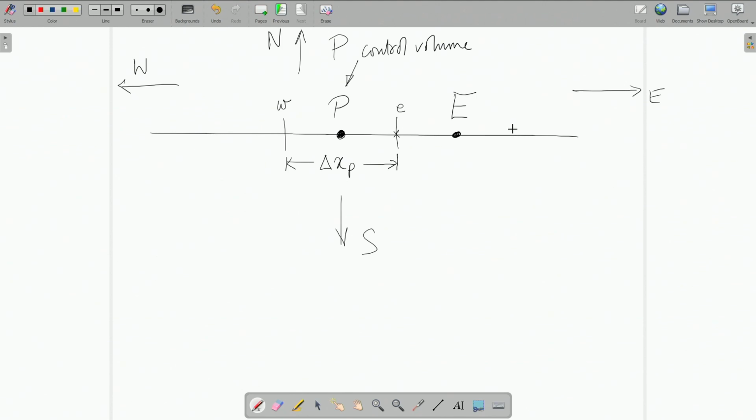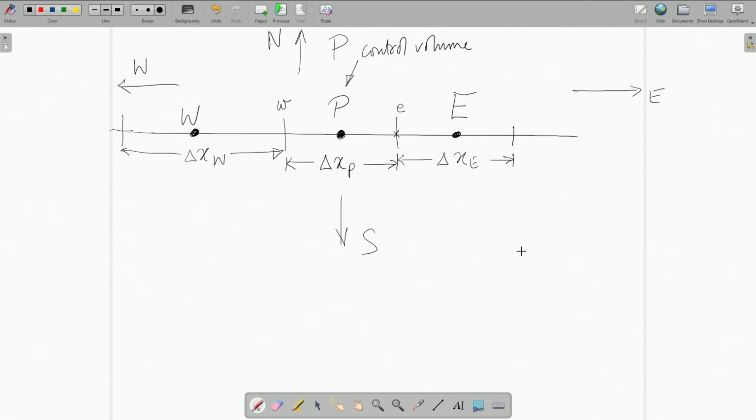You could have a control volume here on the east, you could have another control volume here on the west, and note that this control volume definitely is wider than the control volume P, while this seems to be of the same order as P. It could be a little smaller or a little bigger.